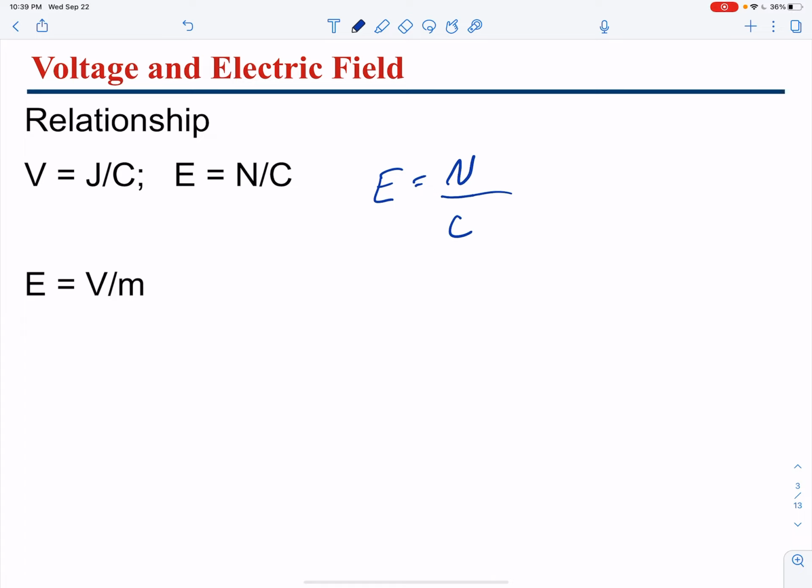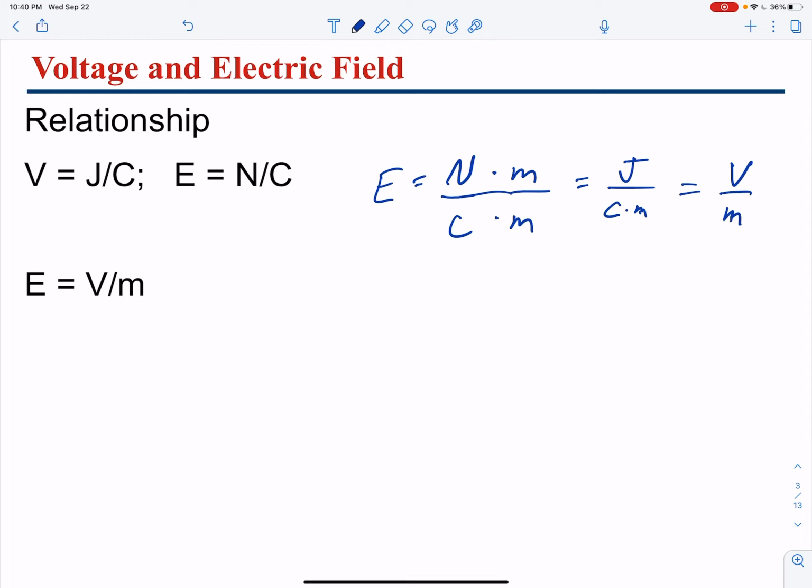Now I could just multiply top and bottom by meters, so newton meters per coulomb meter. There's no change at all. But newton meters, that's just force times distance. That's going to give us energy, so that would give us joules. So we'd have joules per coulomb meter. And joules per coulomb are also volts. Therefore, electric field can also be expressed as volts per meter.